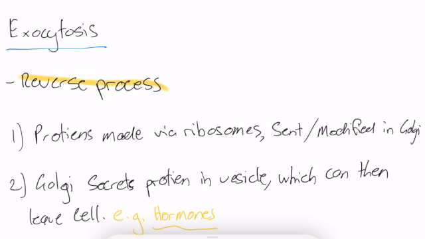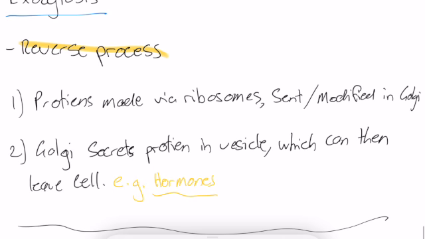Now, exocytosis is typically used when something is produced inside the cell. So that would be, as an example, a protein made via ribosomes. So we know we have transcription of DNA creating mRNA, then translation at the ribosome. This is then sent and modified in the Golgi apparatus.